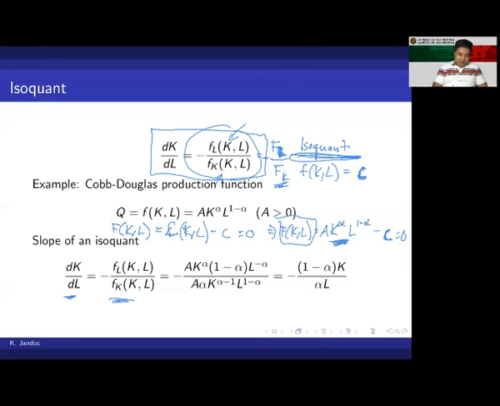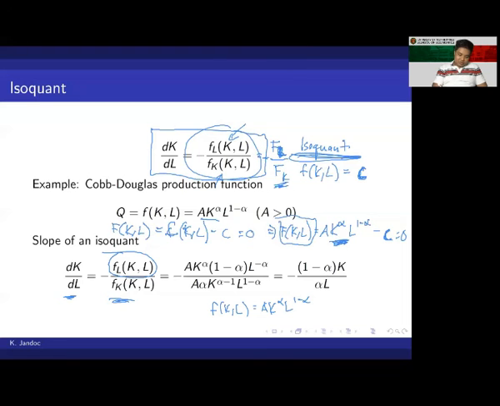Now, what is the derivative of F with respect to L? This Cobb-Douglas function F(K, L) is equal to A K^alpha L^(1 minus alpha).